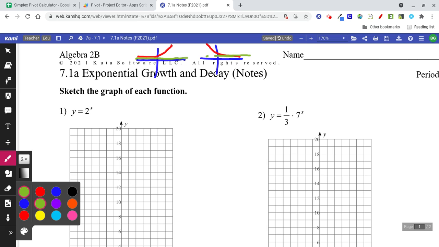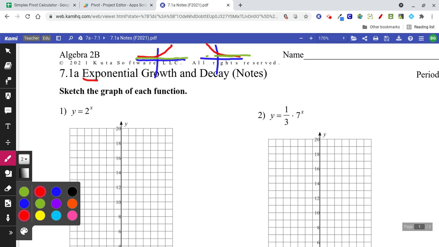That's called a horizontal asymptote, and you'll see as we graph those. Mainly, those are your two graphs. Now, you might have to flip them upside down. If you see a negative sign, we might be flipping that picture upside down, but it's either one or the other.